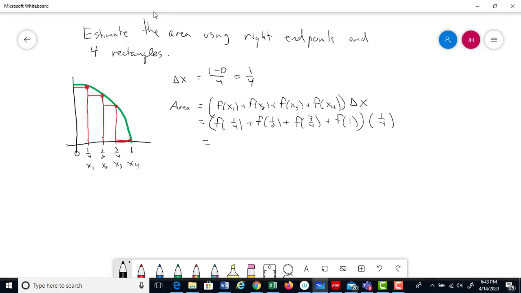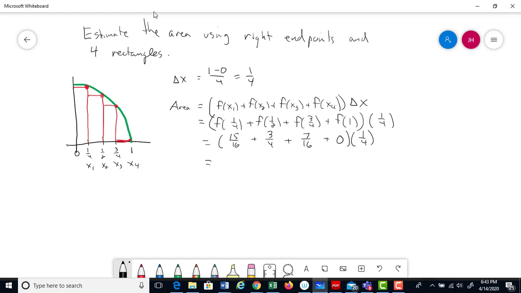All right, so f of a fourth, we've already calculated it. This thing was 15 over 16. A half was 3 over 4. We did that in the last exercise. 3 over 4 was 7 over 16. And when you plug in 1, 1 minus 1 squared is 0, so this one gives us a height of 0, all multiplied by a quarter.